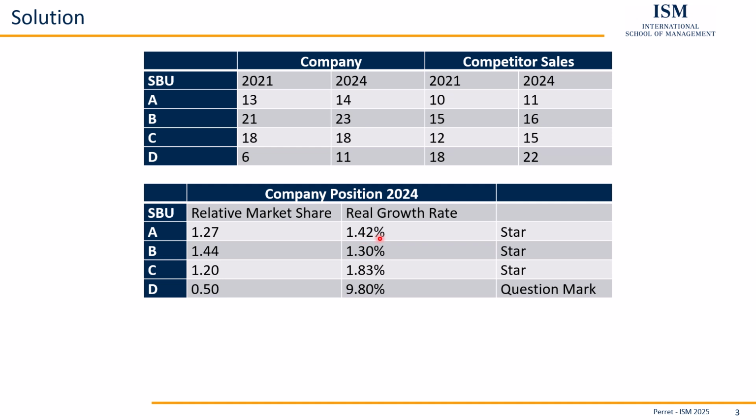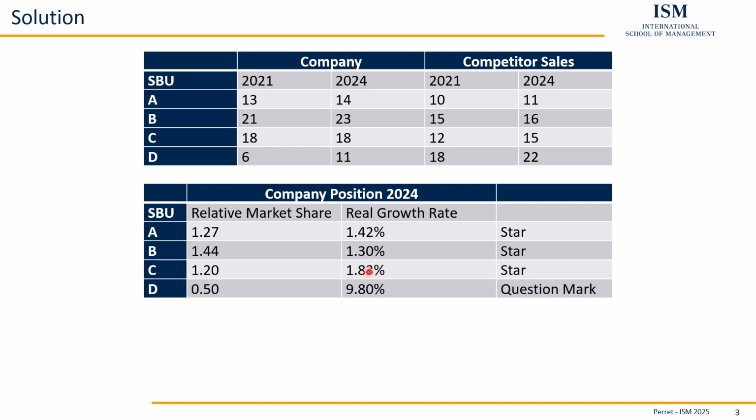Now we're going to do the same thing for the other 3 business units as well. 23 plus 16 divided by 21 plus 15, so 39 divided by 36 to the power of 1/3, growth factor minus 1, nominal growth rate minus inflation rate of 1.4%, giving me the real growth rate of 1.3%.